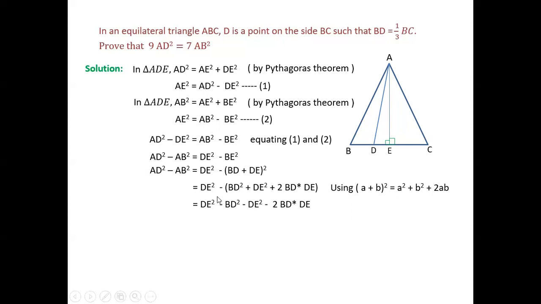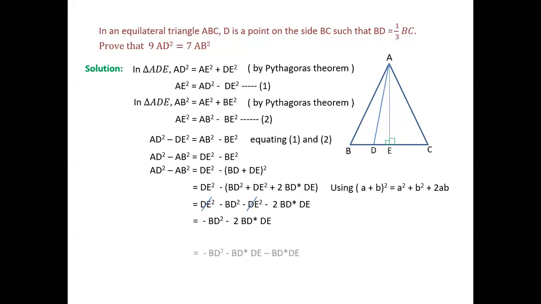So it becomes DE square minus BD square minus DE square minus 2BD·DE. Now DE square minus DE square gets cancelled, and we are left with minus BD square and these two terms, minus 2BD·DE.